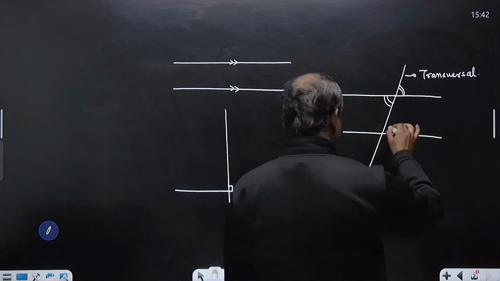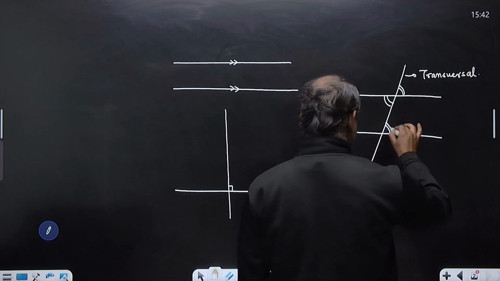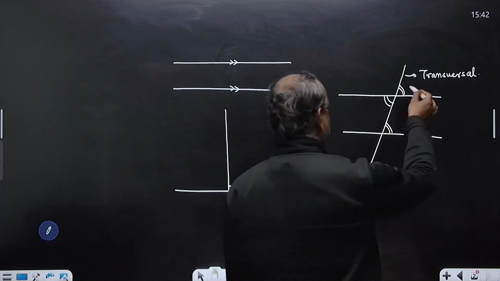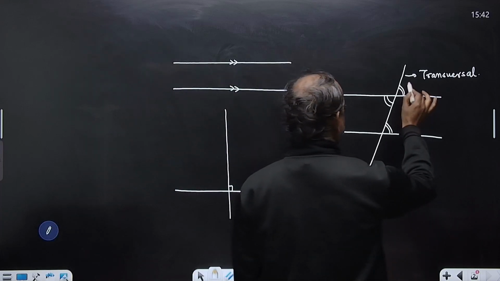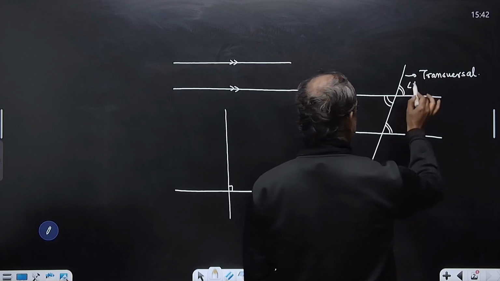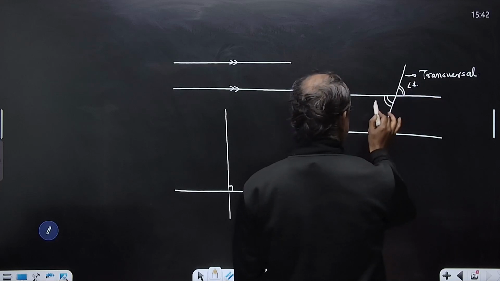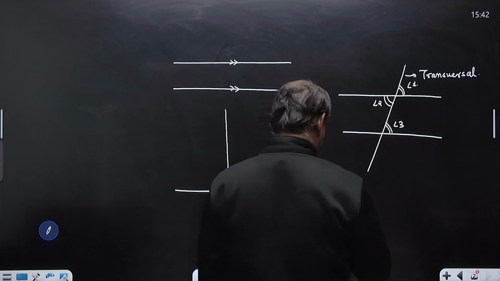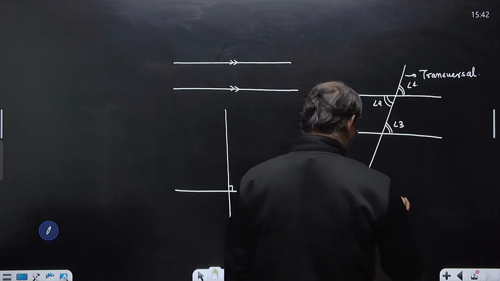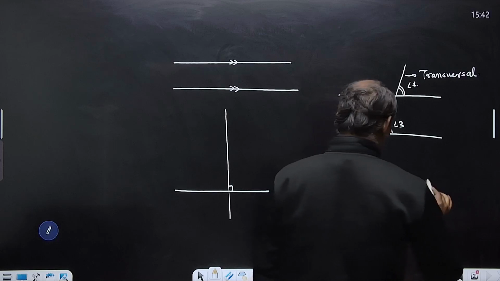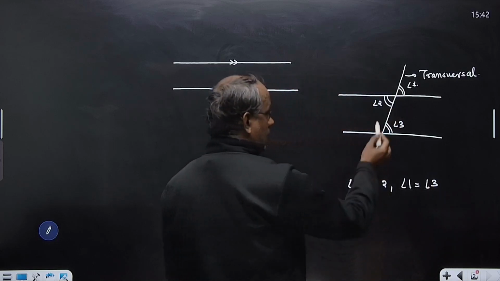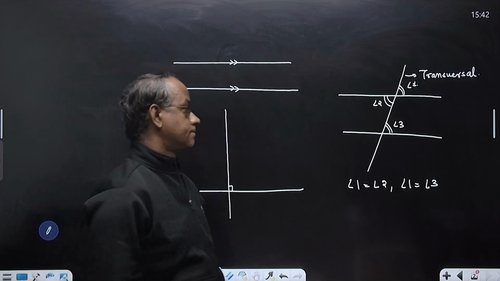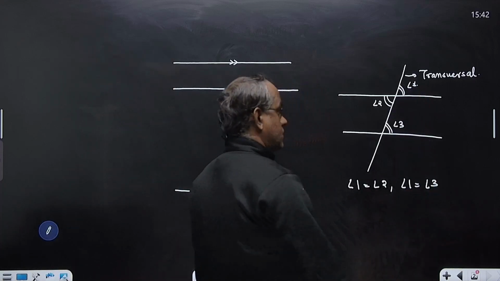So this is some angle, say angle 1, and this is angle 2. So you must know angle 1 equals angle 2. They are called alternate interior angles. They are corresponding angles.